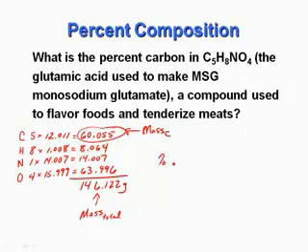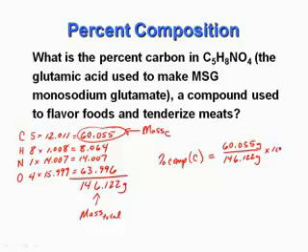So my percent composition, or in this case percent carbon, is going to equal 60.055, the mass of the carbon, divided by my total mass, times 100. And that's going to give me 41.1%.